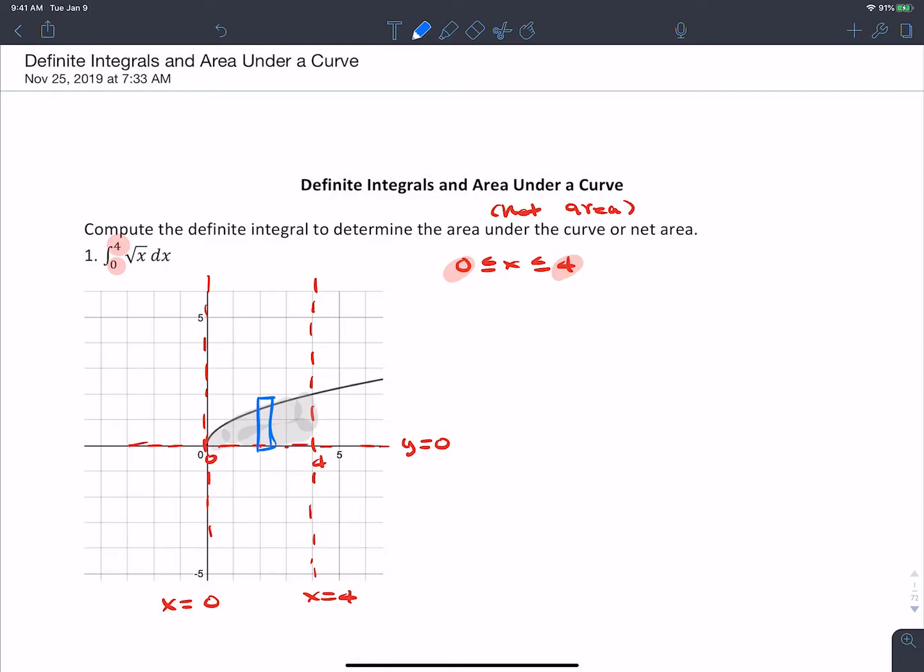Now, by the fundamental theorem of calculus part 2, we know that this area is going to be the integral from 0 to 4. Or let's write down this fundamental theorem.